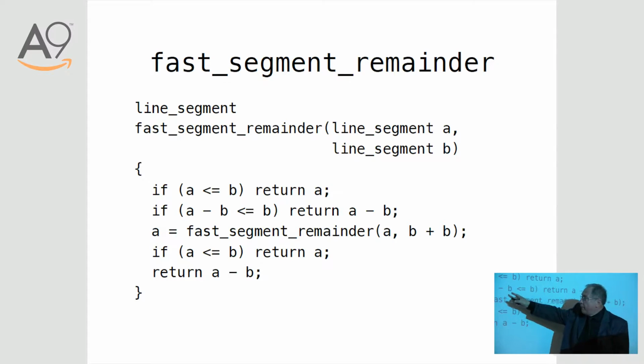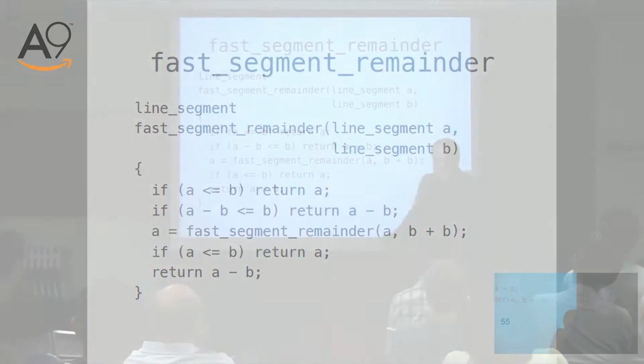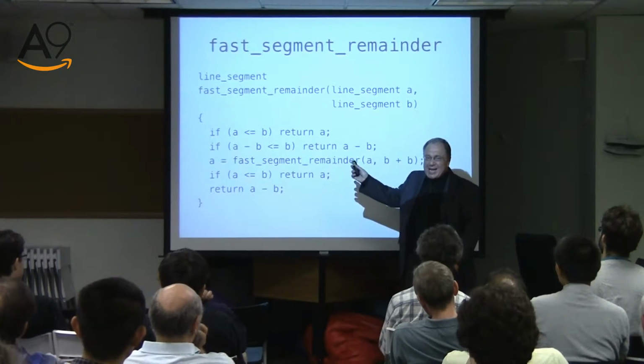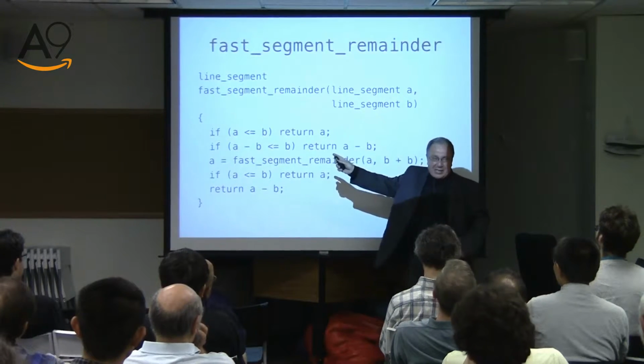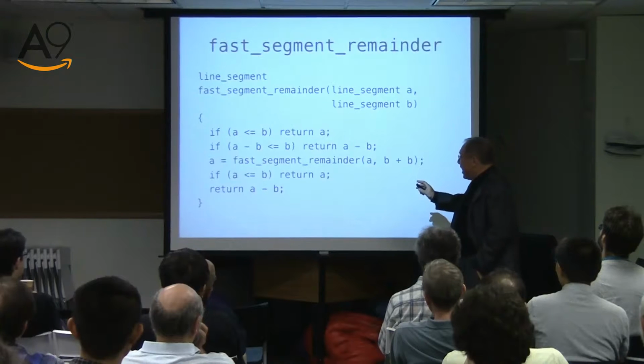Therefore, it's perfectly fine to do A minus B. We're guarded. So we do A minus B, and we say if A minus B is less or equal than B, we're sort of done. We already have a remainder. So we just return this A minus B. And yes, it would be nice to use a temp or something, but again, let us not concentrate on that.